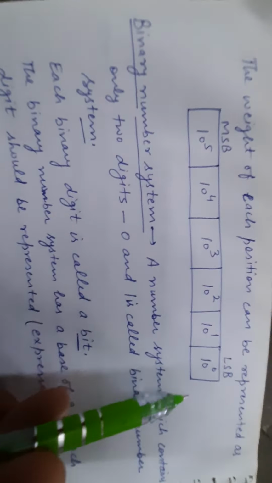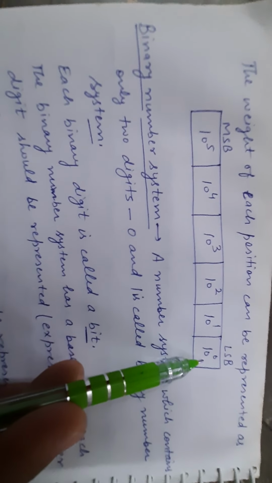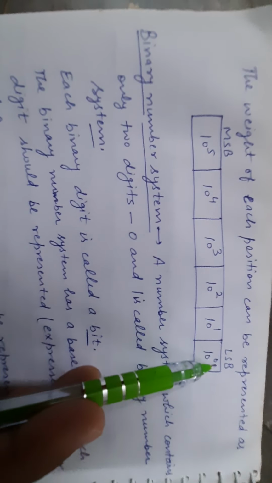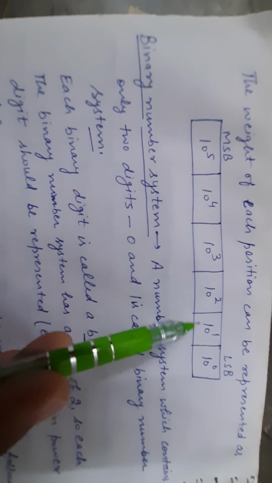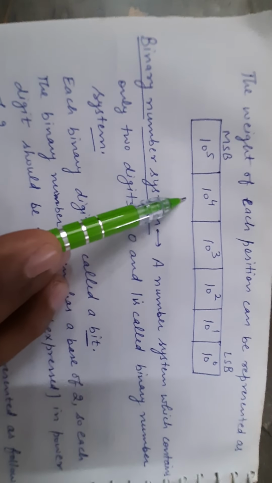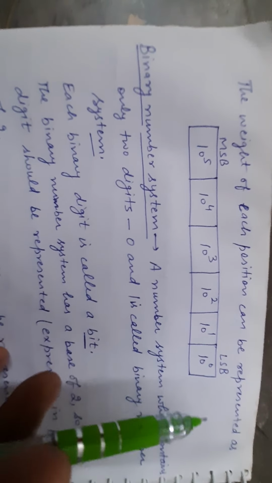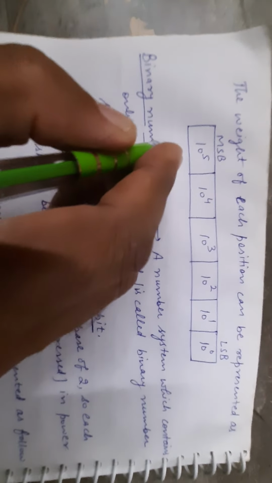Suppose I have a 6-digit number. From the right-hand side, the weights are 10 raised to power 0, 10 raised to power 1, 10 raised to power 2, 10 raised to power 3, 10 raised to power 4, and 10 raised to power 5. Suppose I write a decimal number here: 6, 5, 2, 0, 1, 4.